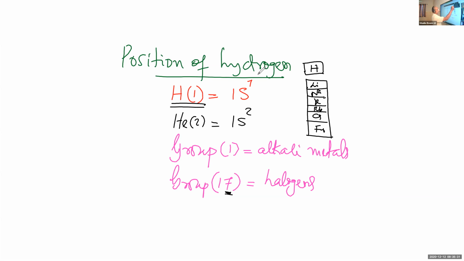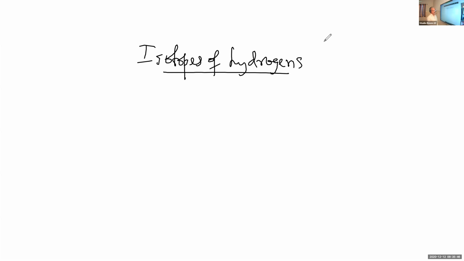Okay. Now you consider the isotopes of hydrogen. Let me ask you, what are isotopes? As you know, isotopes are atoms with the same atomic number but different mass numbers.